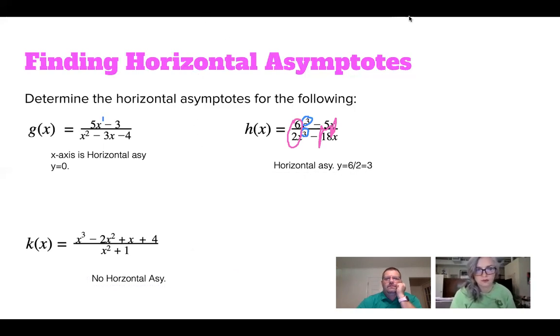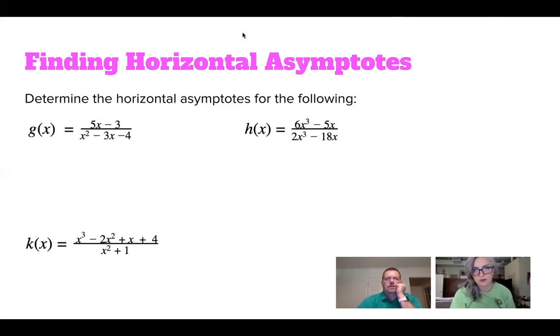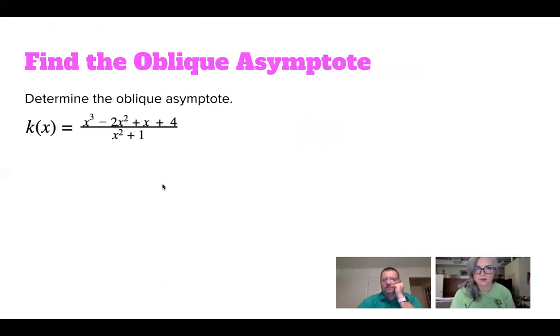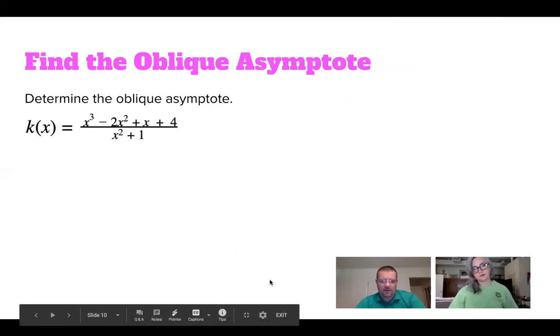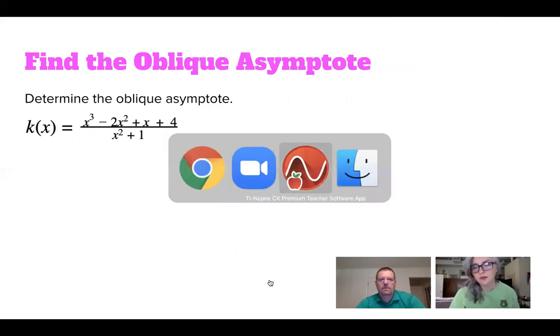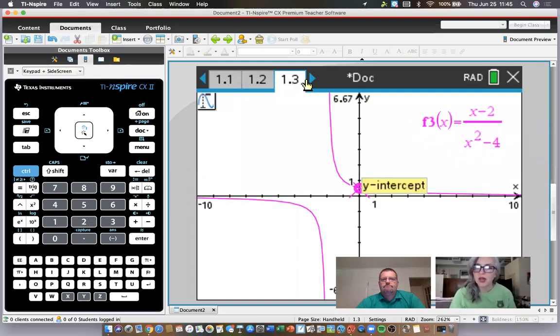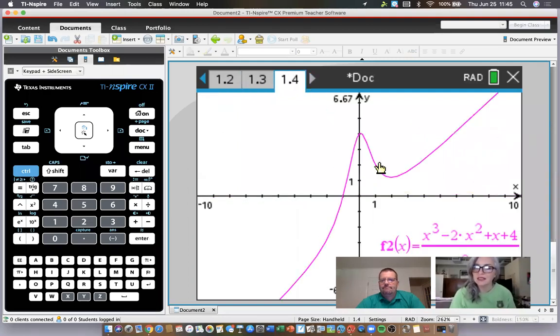Moving on, just for the sake of completeness and prettiness, let's look at what it would look like. He's about to graph this. There is a way to algebraically find this.